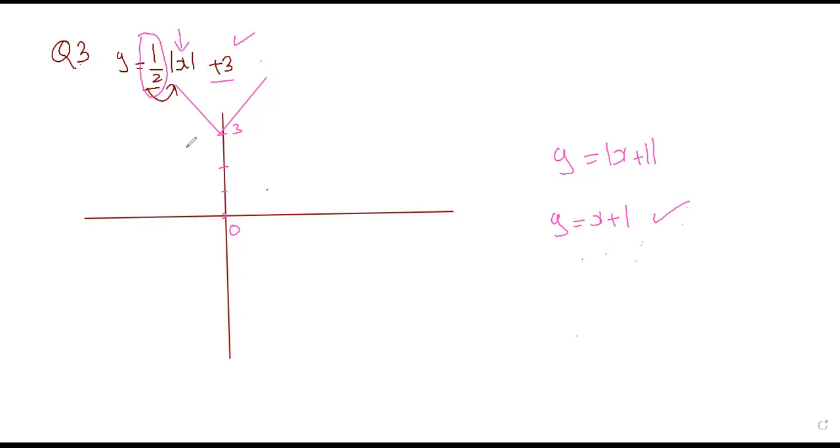If it's half, the lines would get away, and then plus 3 would shift the graph 3 units above. So this is the difference in both of them. All right, okay, so that is it. This was a quick discussion about the plotting of linear graphs which had mod in it.